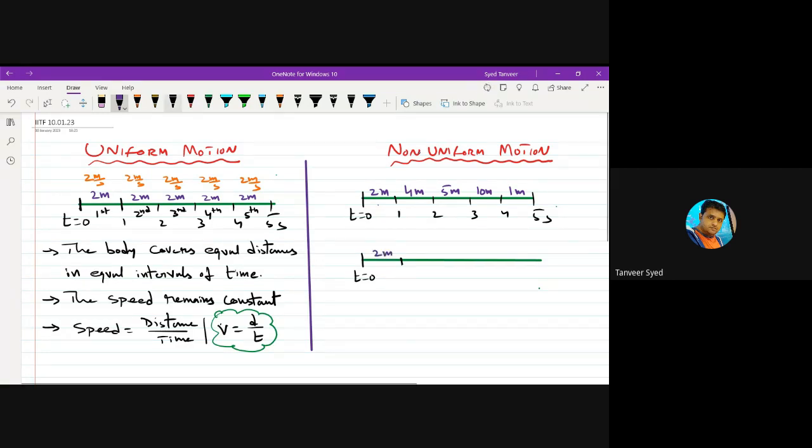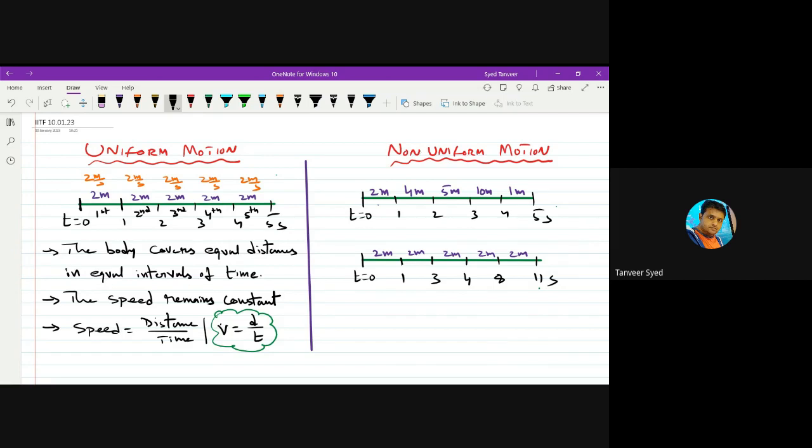This is 2 meter, this is 2 meter, this is 2 meter, this is 2 meter, this is 2 meter. But the times taken to cover these distances are 1, 3, 4, 8, 11 second.